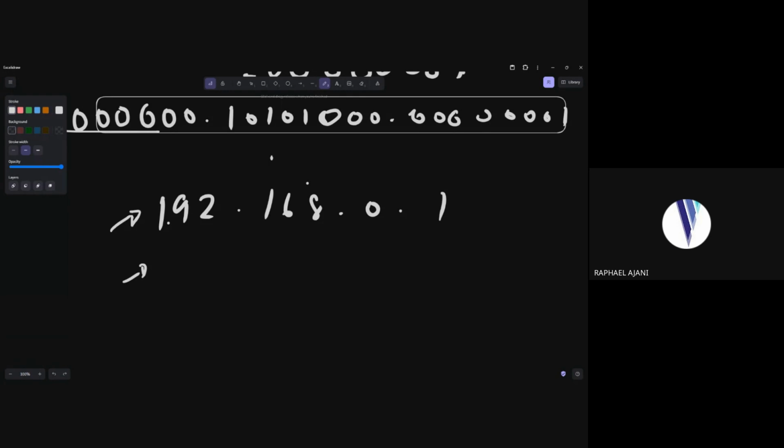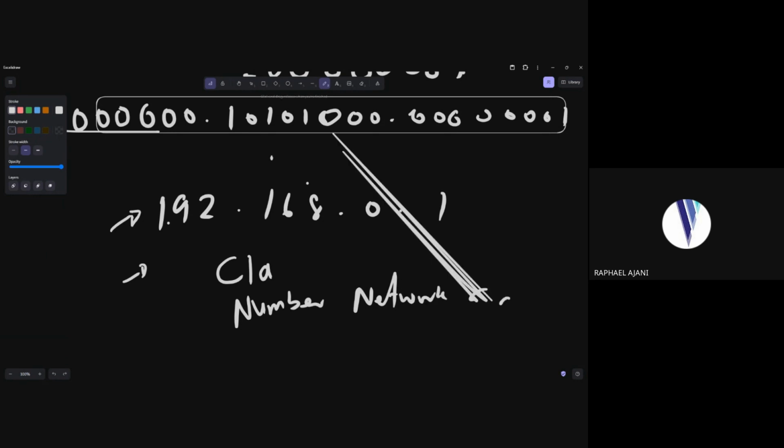The categorization of IP addressing is done in terms of the number of networks and hosts that will be used or will be present in that network.